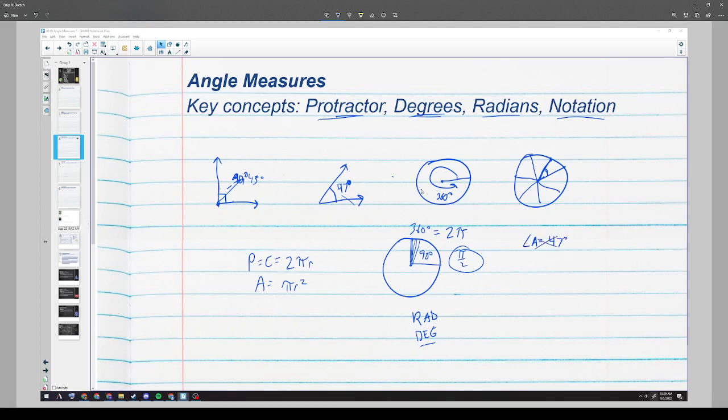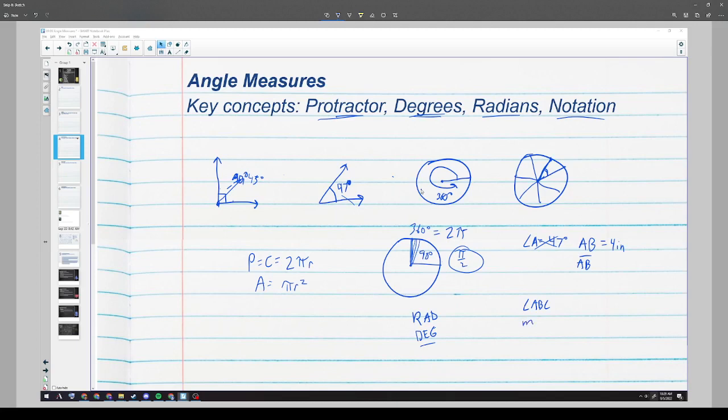Remember how with segments, we said the length of AB was 4 inches? It was different than the name of segment AB, right? That's the point I was trying to make. So if we have angle ABC, to get the measurement of the angle, we can't just put 3 letters because that's the name of the angle.